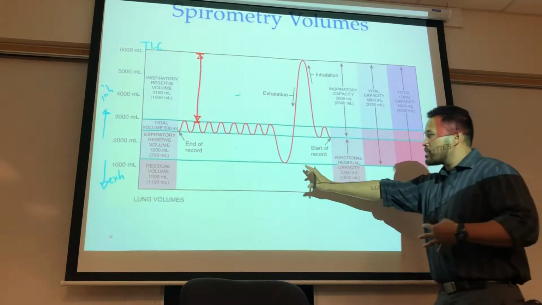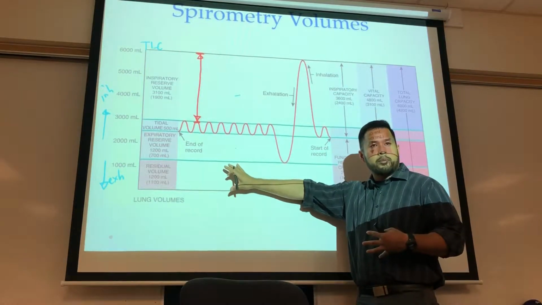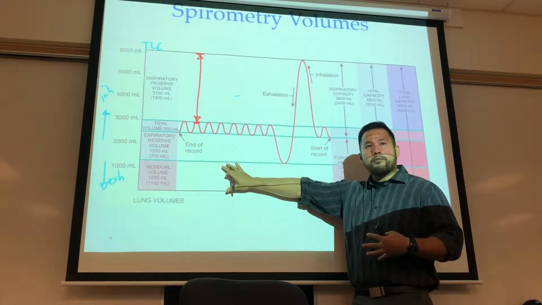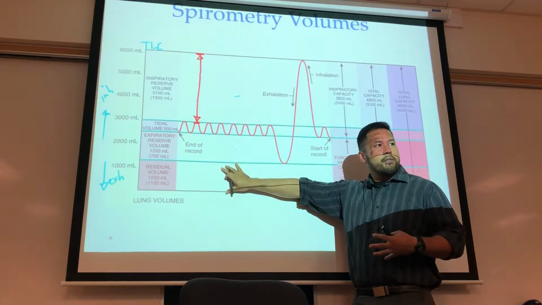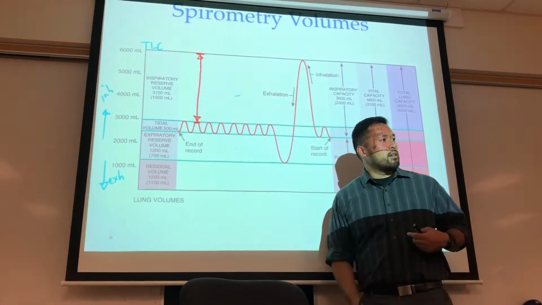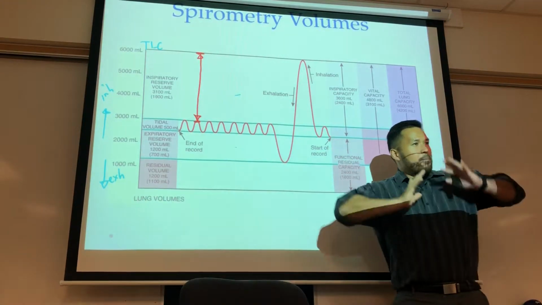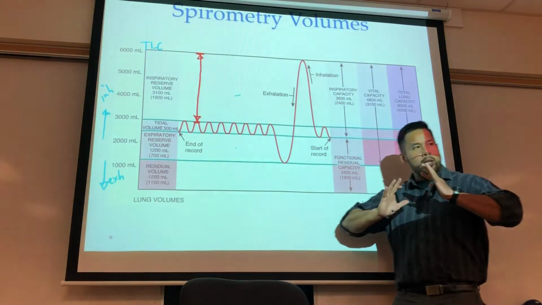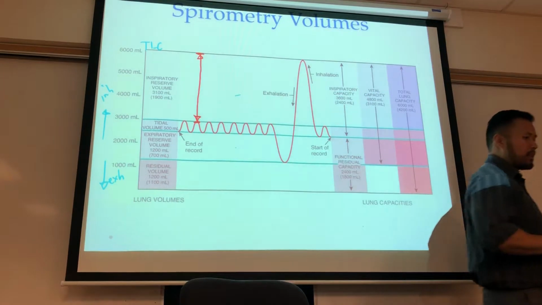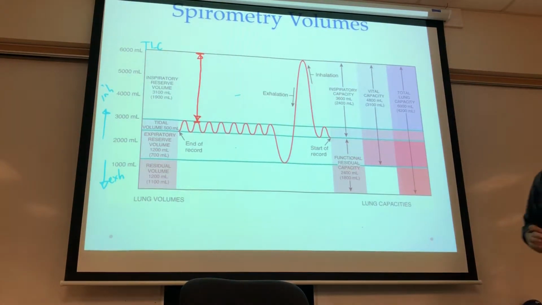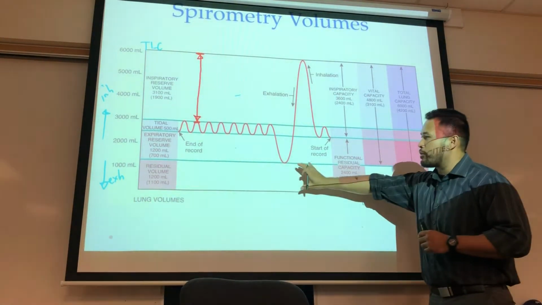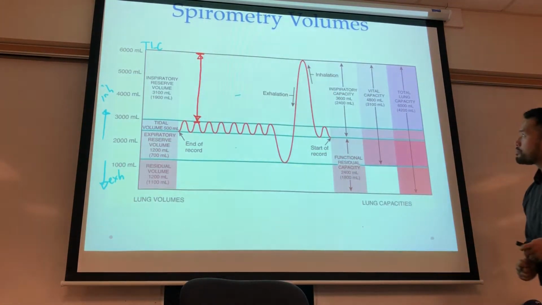Residual volume is going to be reflective of how much air is left over in the conducting zone, because we can't really squeeze everything out. I can empty out my alveoli, but I can't squeeze the trachea or our bronchioles. Some of that air is left over, and this is again called our residual volume.